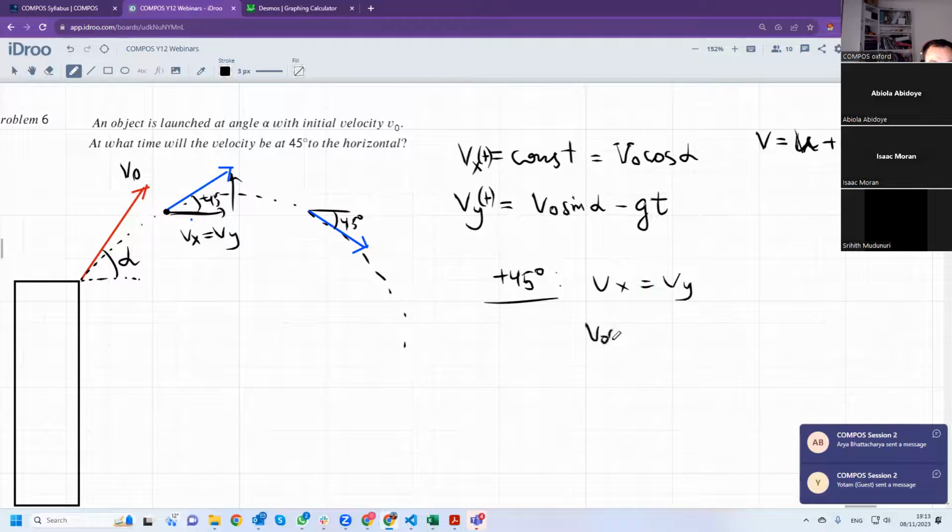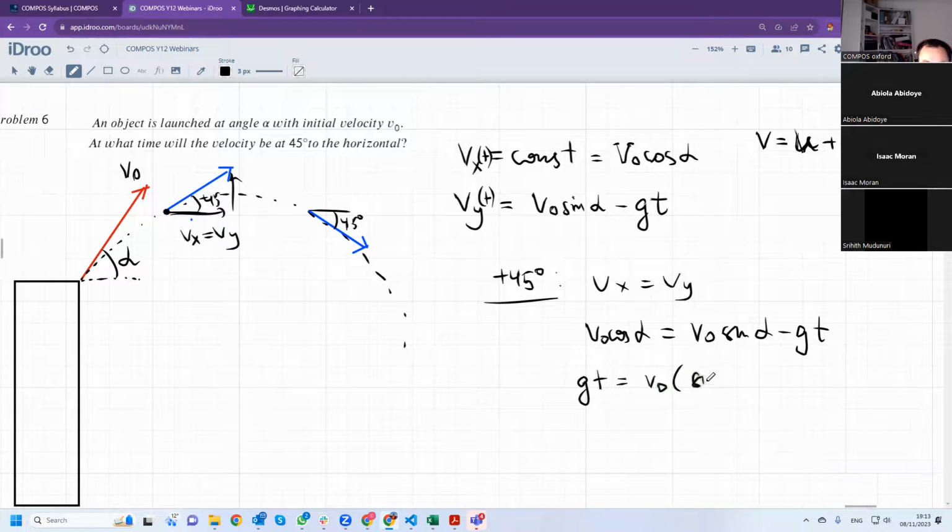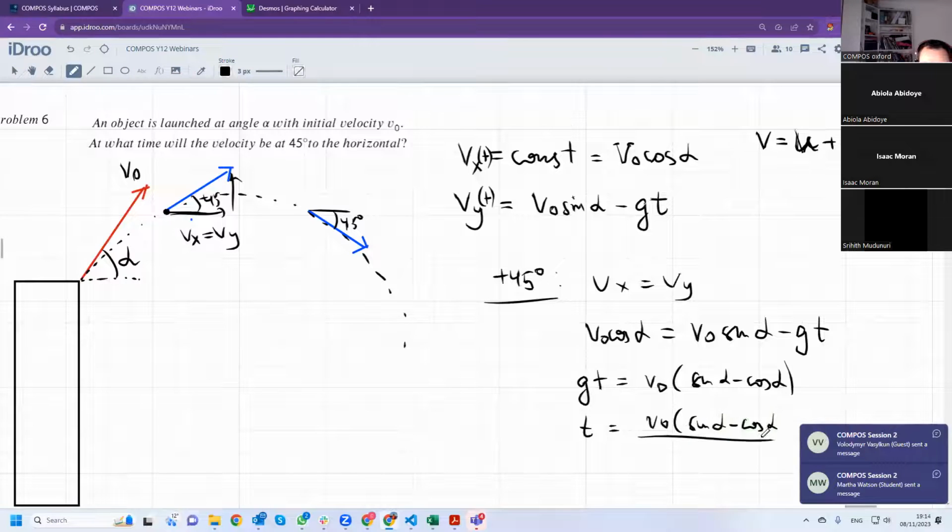So V0 cos alpha is equal to V0 sine alpha minus GT. Okay, so GT is equal to V0 sine alpha minus cos alpha. So T is equal to V0 sine alpha minus cos alpha divided by G.